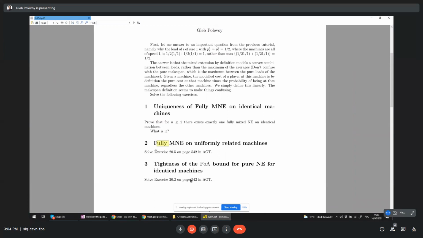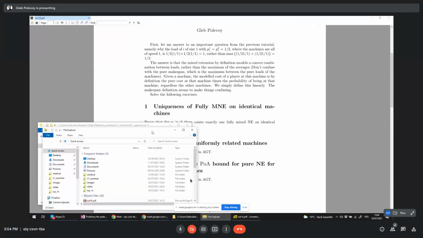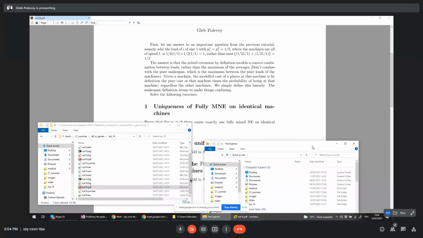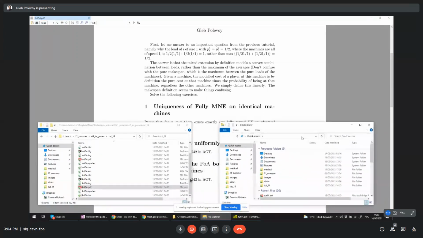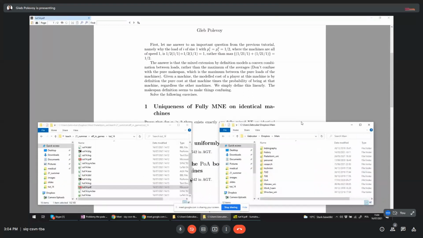Let's look at exercise 20.5 on page 542 in the book. Let me now open the book. The book says something which is stronger. They actually have a nice exercise, but their proofs are, I guess, more technical than ours.